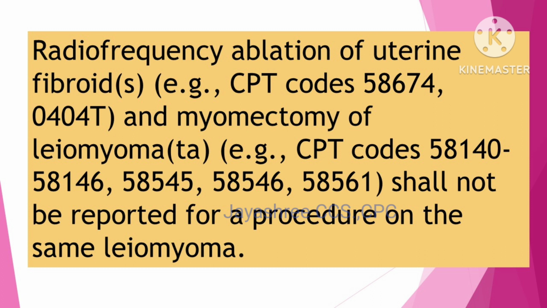And myomectomy CPT codes, which I already explained in the last video, are 58140, 58145, 58146, 58545 and 58546. These codes shall not be reported for procedures on the same leiomyoma. So if ablation and myomectomy are performed together on the same leiomyoma, we should not report them together.